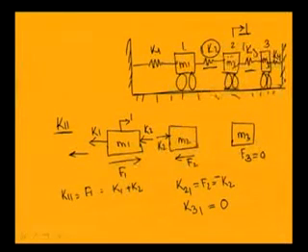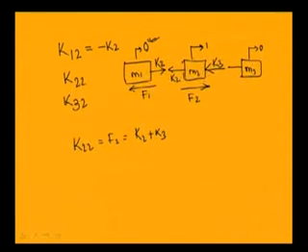So, mass 3 will be subjected to a force of K3 only. To have this body in equilibrium, the force required is K3 in the opposite direction. That is F3, so K32 equal to F3 equal to minus K3.